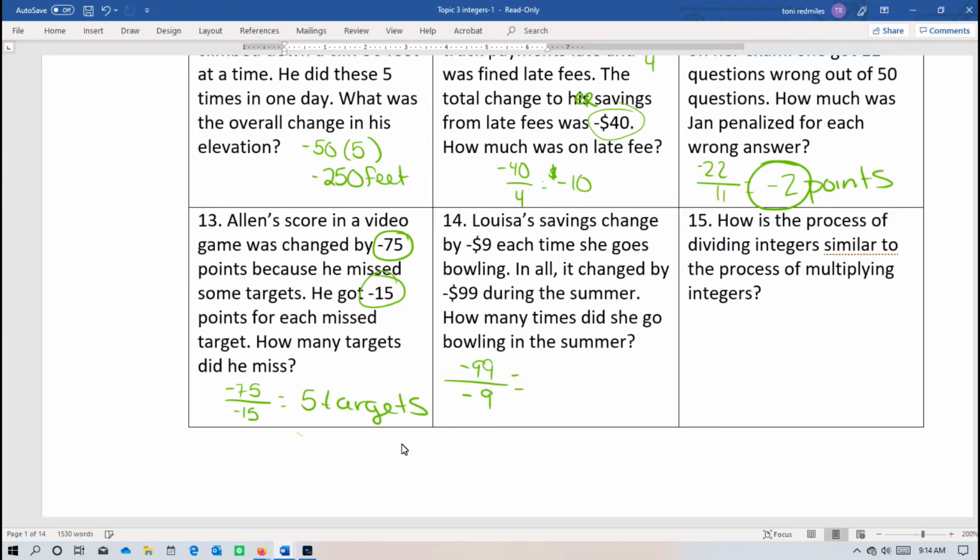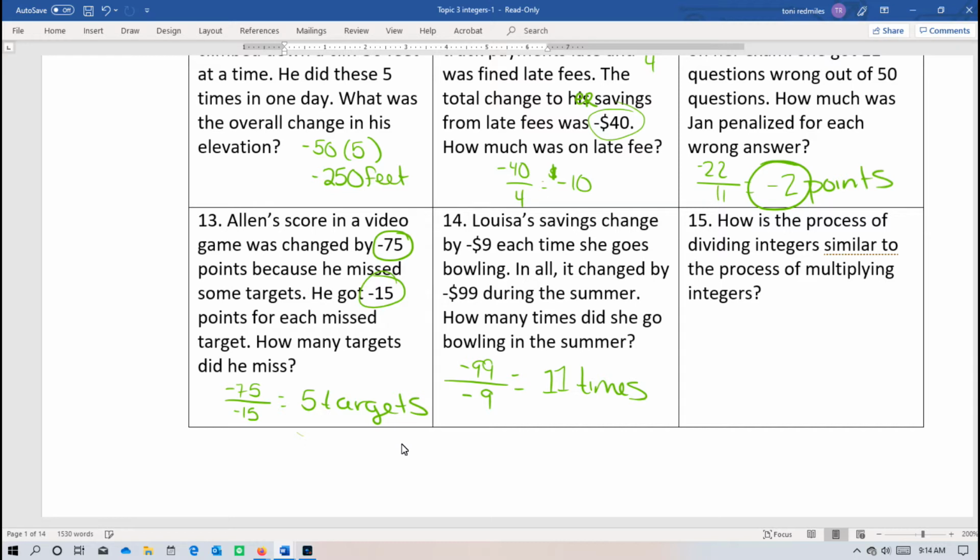So if I divide those to figure out how many times, it's 11. And she went 11 times. And would that be a negative number? No, because that goes back to that whole time thing we were talking about. Time cannot go negative. So it makes sense that both should be negative numbers because it brings us back to positive.